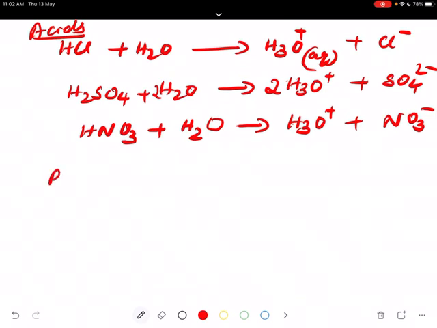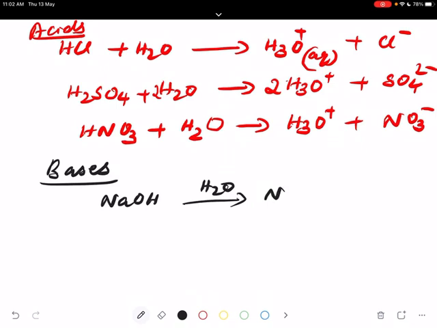And bases, NaOH in water, produces Na plus and OH minus.